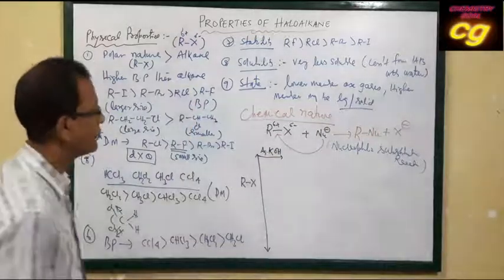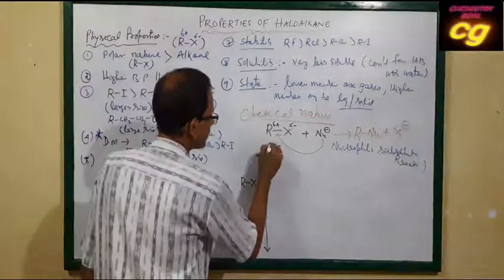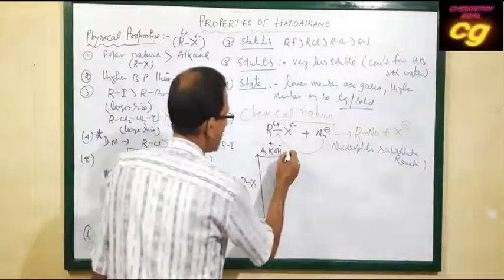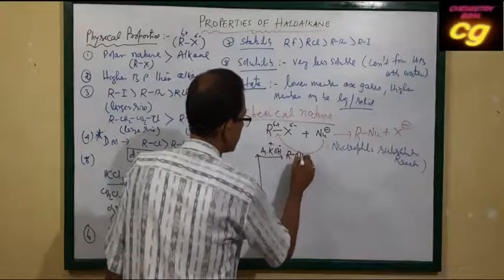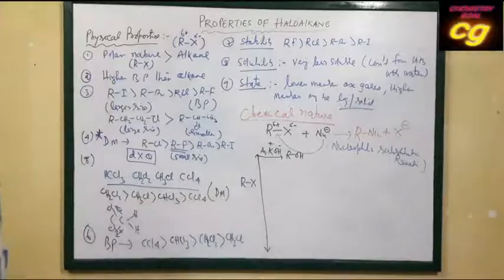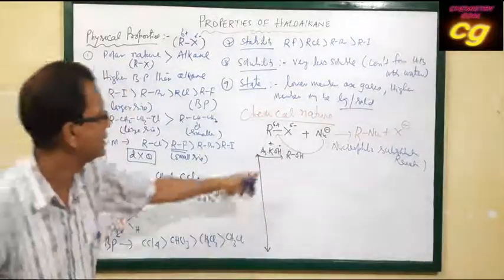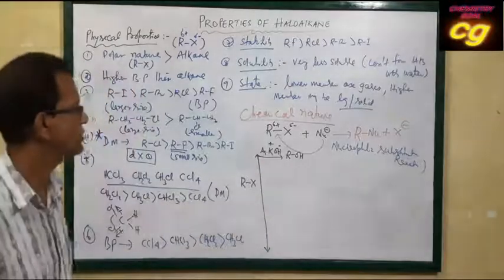Here the nucleophile is OH minus, producing ROH, alcohol. It is called nucleophilic substitution reaction. Here OH minus acts as a nucleophile, attacking and forming ROH.